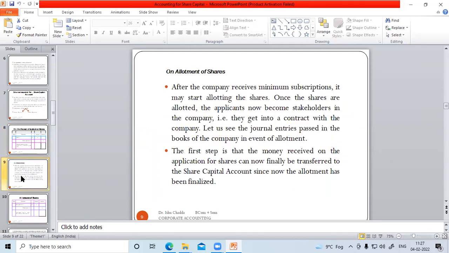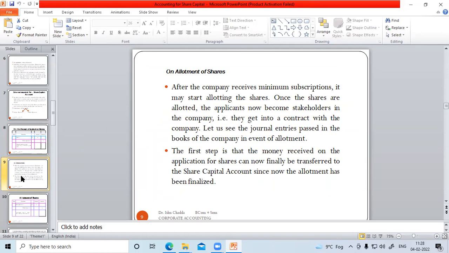Next, after the application money comes the allotment of shares. After the company receives minimum subscription, it may start allotting the shares. Once the shares are allotted, applicants now become stakeholders in the company. Allotment means you can't give each and every share to every applicant. You have to divide your shares among the shareholders on a pro rata basis.